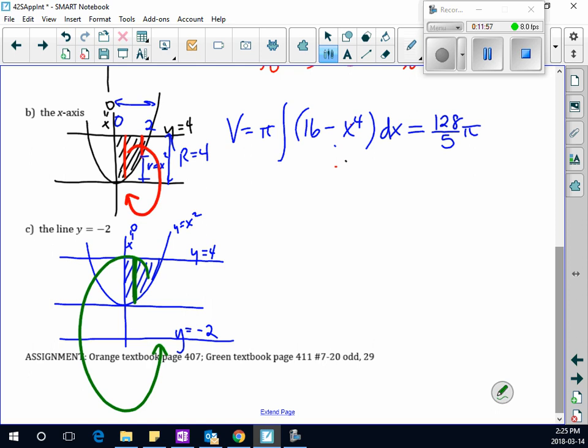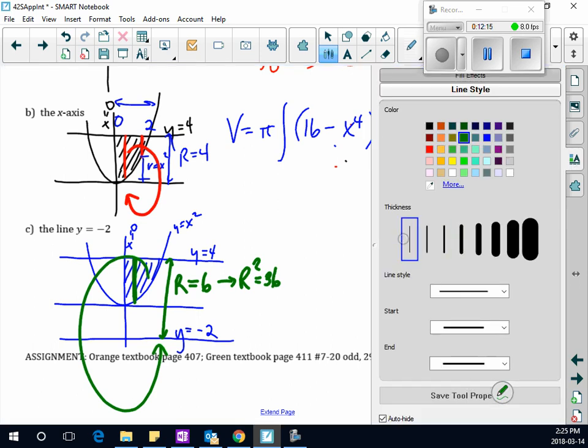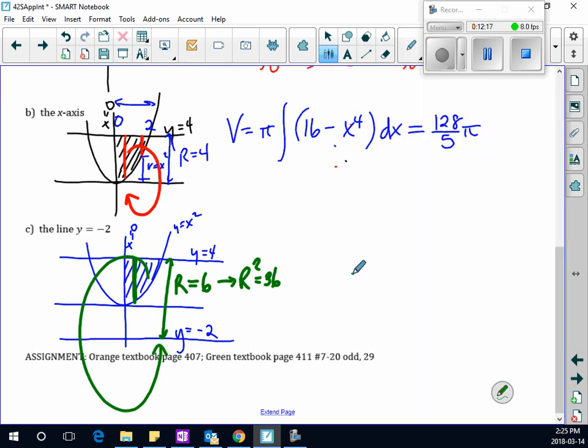So again, this is relative to the -2. My big R is going to be that length, which by just looking at it, you can see is 6, which means R squared is 36, right? And then if I try to find my inner radius, so sorry, I should maybe do it here so you can see it a little bit better.